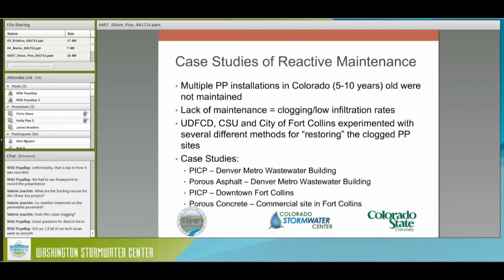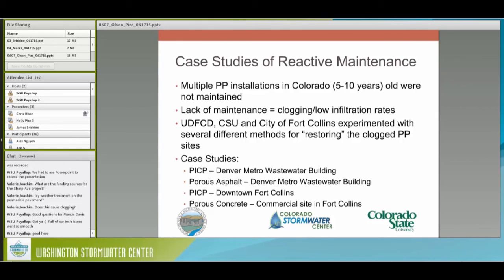All right, thanks Holly. What I want to talk about a little bit are some case studies of reactive maintenance that we have experienced here in Colorado. Myself at Colorado State University, along with Holly at Urban Drainage Flood Control District, and the City of Fort Collins have been actively searching for some methods for remediating pavements that have clogged or experienced very low infiltration rates because of a lack of periodic maintenance.